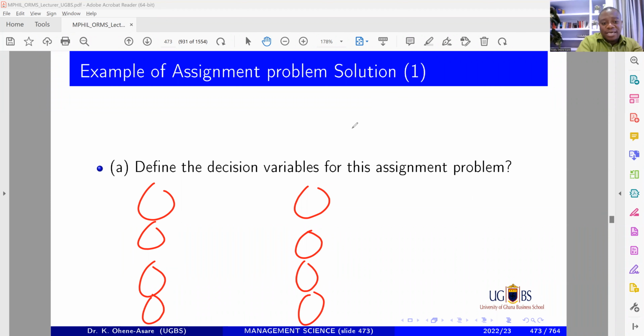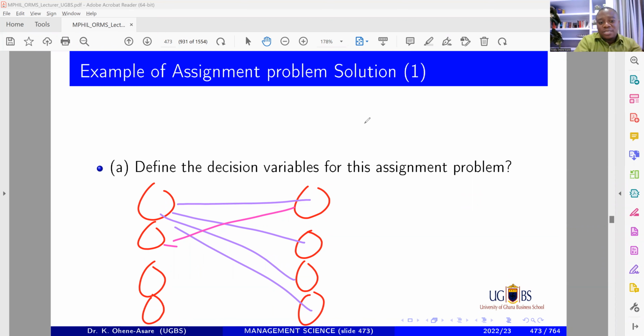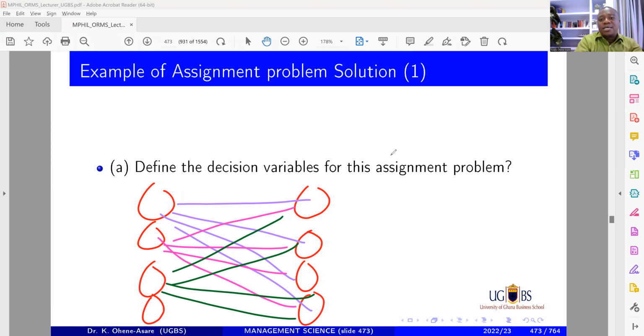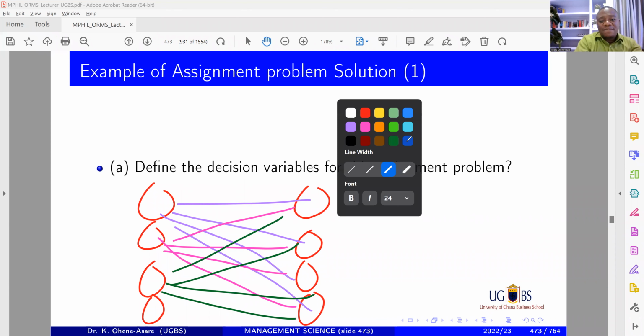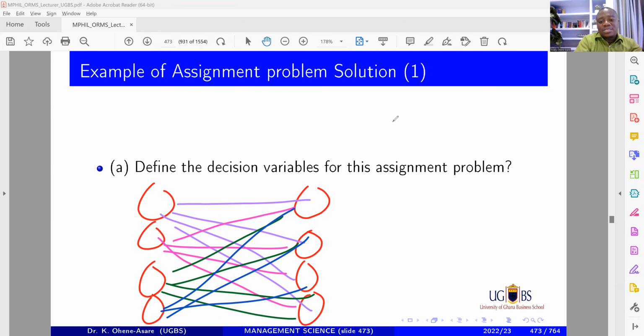This one goes here, this one there, this one there, this one there. Then the next one the same way, and the next one. I'm doing it fast, but I know you can do it. Then the final one goes to all 4 towns, and then you name them.